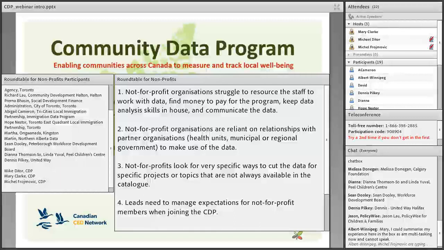Sorry, go ahead, Ted. I would agree with that in terms of knowing what is out there. Very often there's a struggle for many not-for-profit organizations, even if they're not working with data internally, and we're talking maybe more specifically about the community data program, but it could be any kind of data, be it their own organizational data.